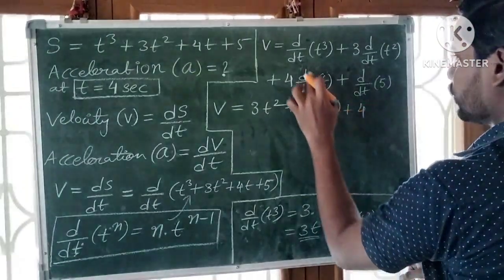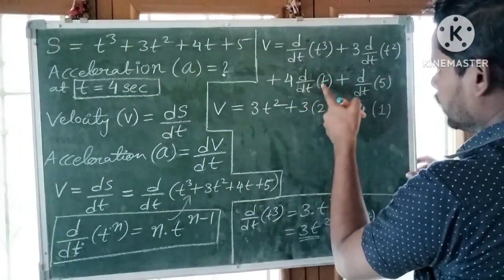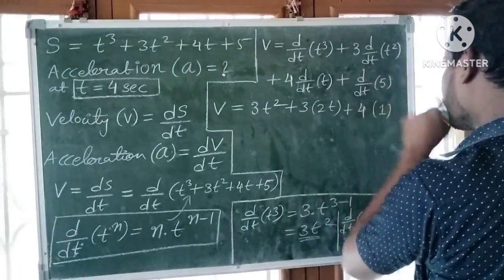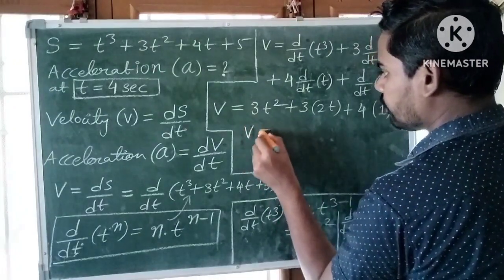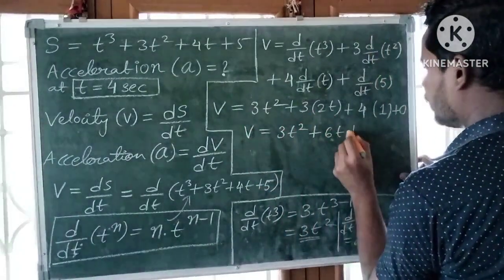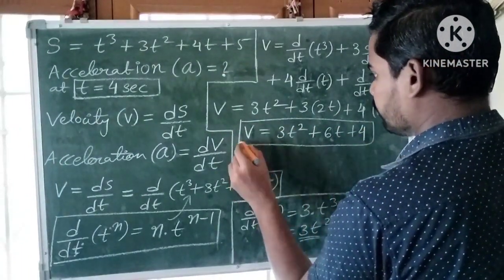Plus 4 times d/dt of t, which is 1, plus the derivative of a constant, which is 0. Therefore the velocity field is v = 3t^2 + 6t + 4. This is the equation of velocity in terms of time.